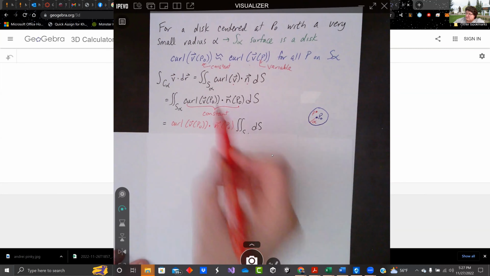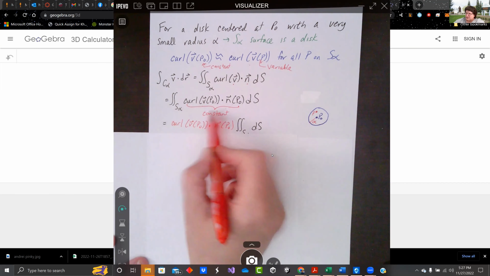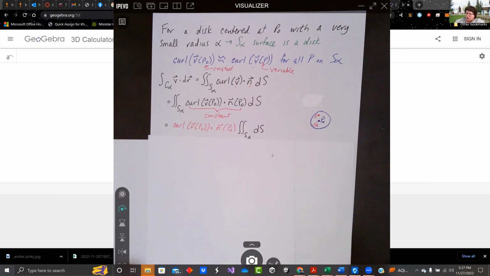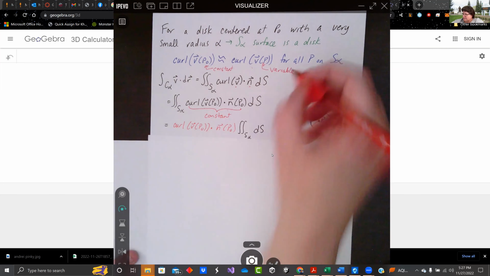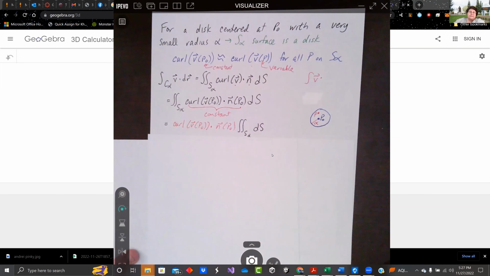And this dot product is a constant value, so it's just numbers. We can factor it out, and we've got our line integral of V dot dr. Remember, the left-hand side of this is V dot dr.